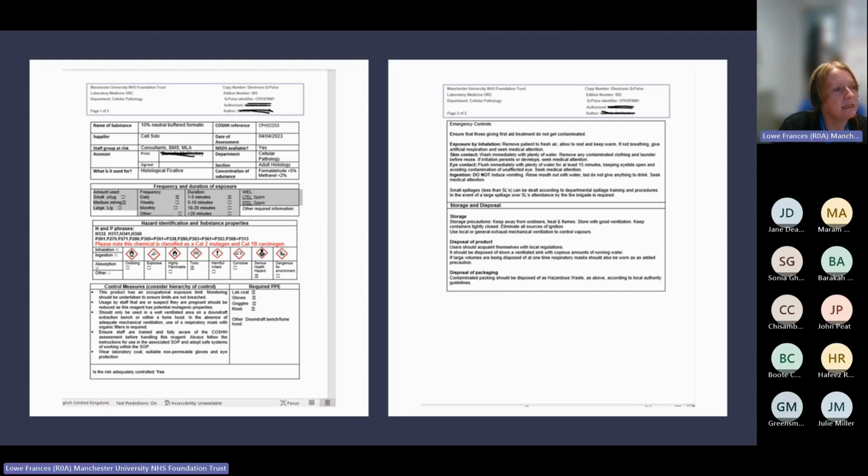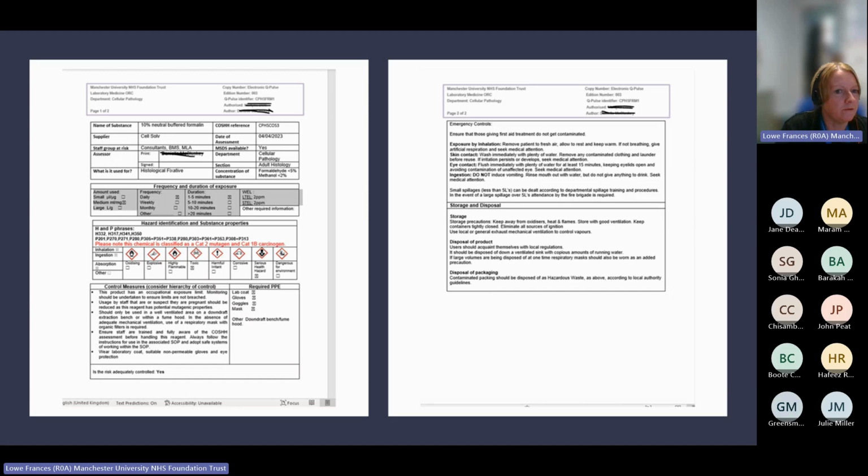So it contains things like the name of the substance, what it's actually used for, the suppliers in case there's an incident and we need to get in touch with them, which staff groups are going to be using the chemical, the concentrations and other chemicals of the reagent.